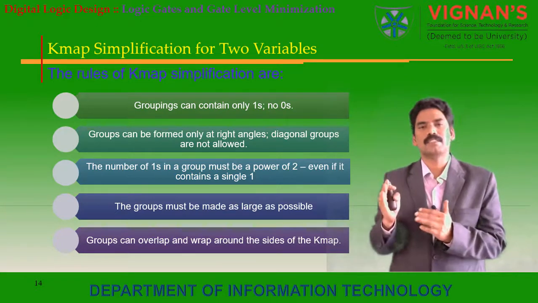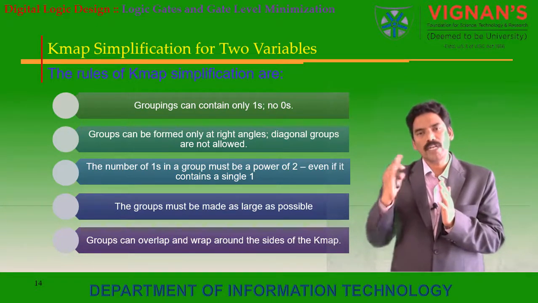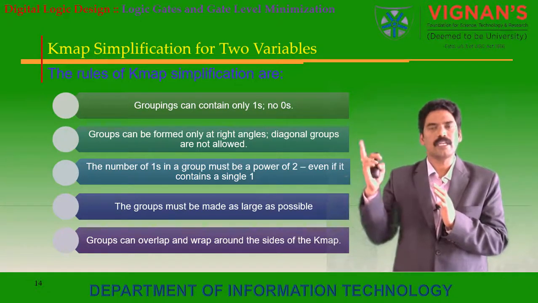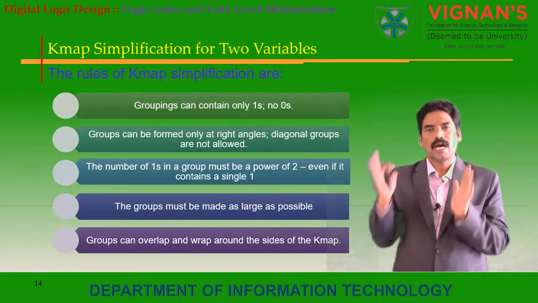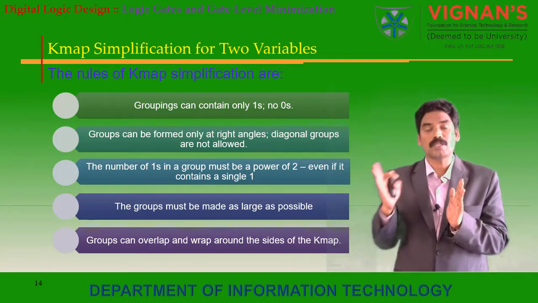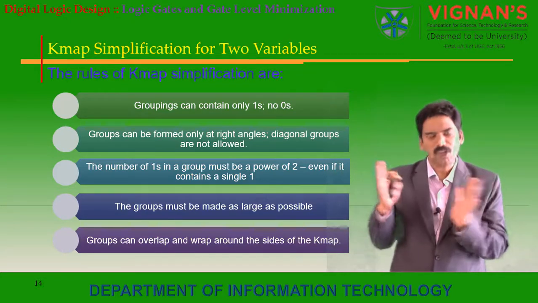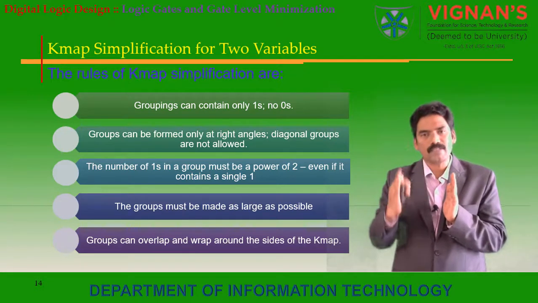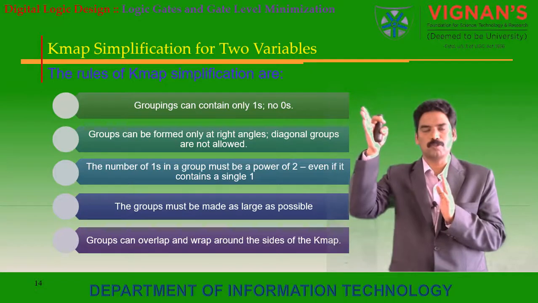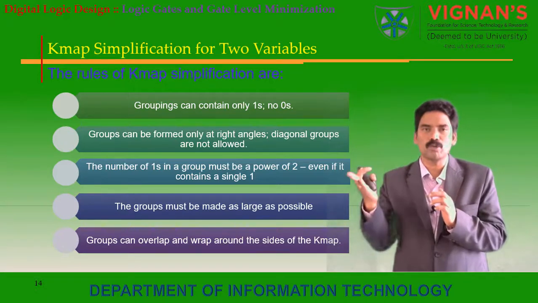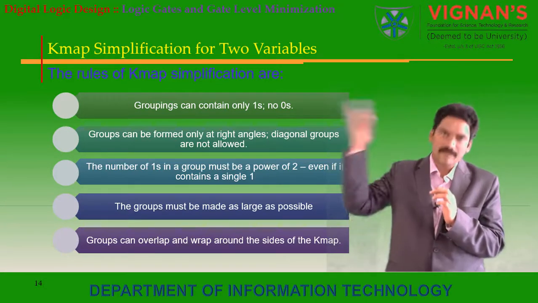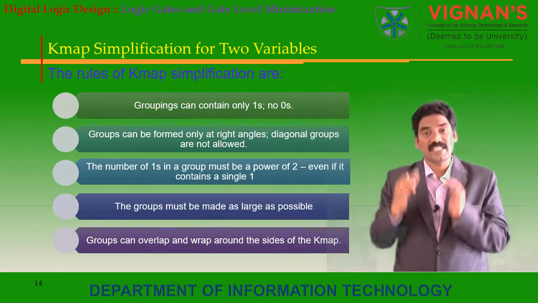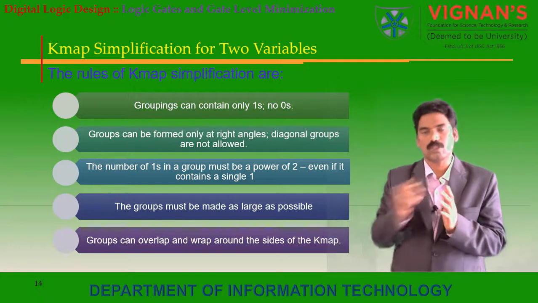The second one is, groups can be formed only as rectangles or squares, and diagonal groups are not allowed. Another one is, the number of ones in a group must be a power of 2. 2 we can group, 4 we can group, 8 we can group, 16 we can group. So, a group that does not have a power-of-2 number of ones is not possible.